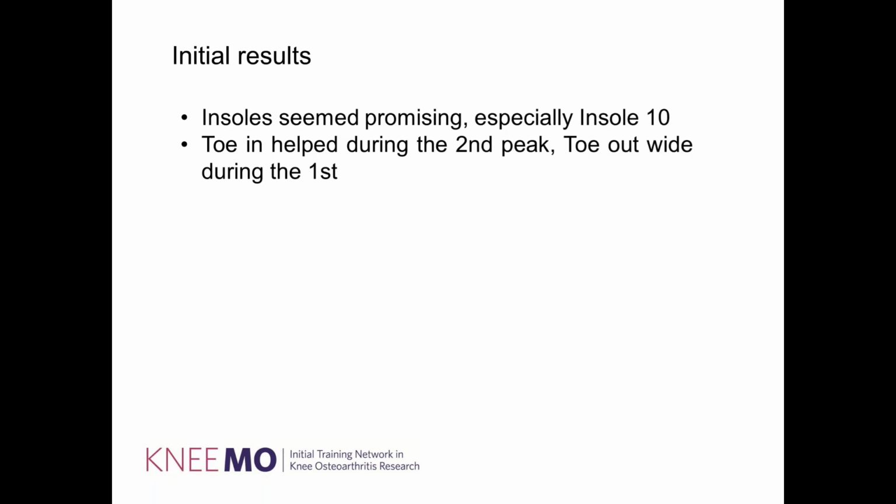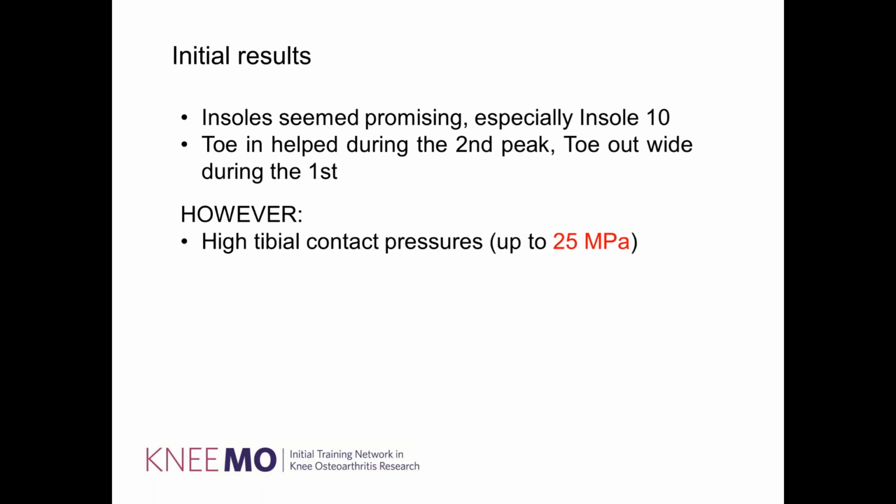So initially, the results indicated that the insoles seemed promising, especially the insole 10 degree. And also we had other interesting initial results. However, this was done with the simple hinge knee joint model. And there were some issues there.